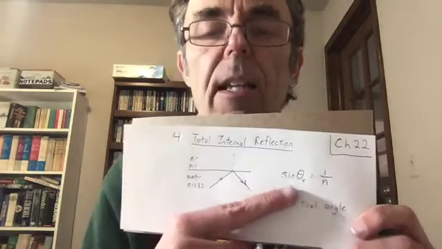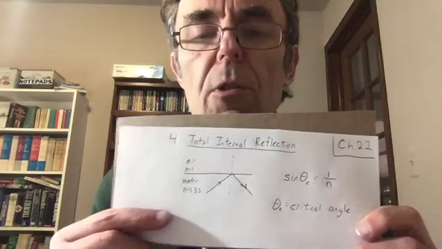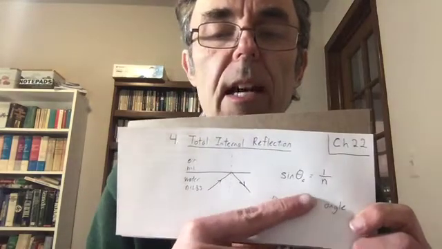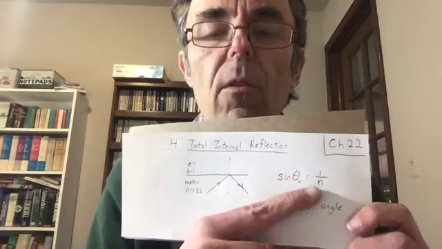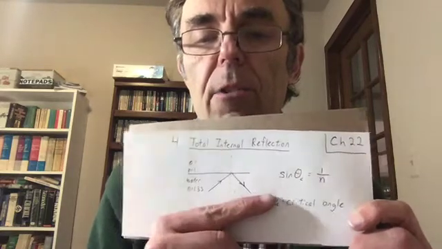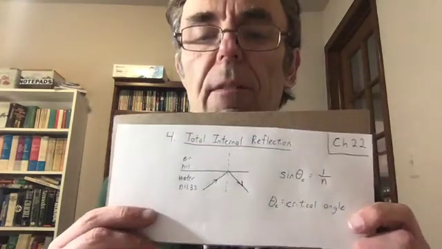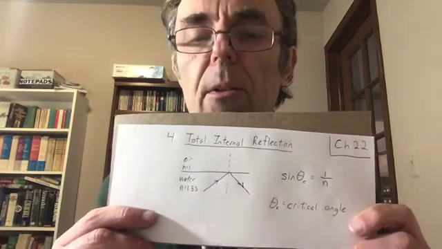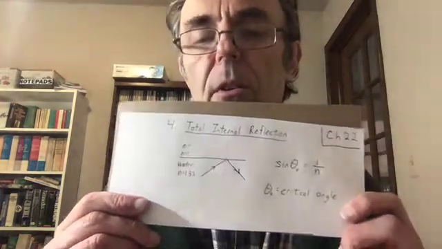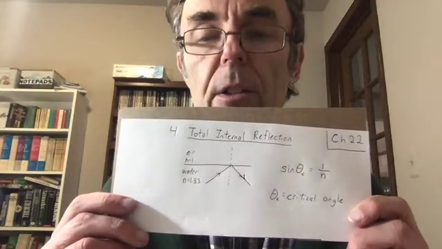You can find the critical angle at which you just get total internal reflection by taking sine of the critical angle as 1 over n, where I'm assuming the outside is air, so that's the index of refraction of air. So the critical angle is the inverse sine of 1 over n. Make sure you know how to do inverse trigonometric functions to find the critical angle.